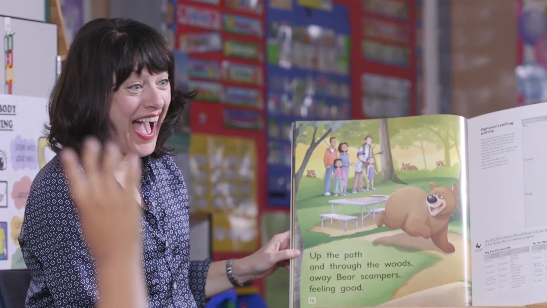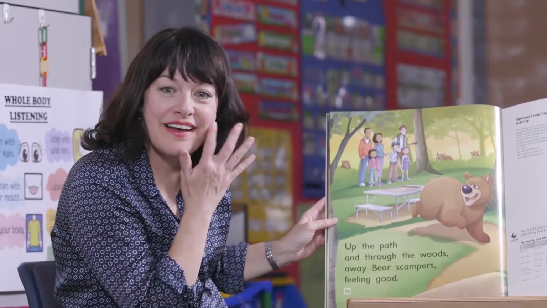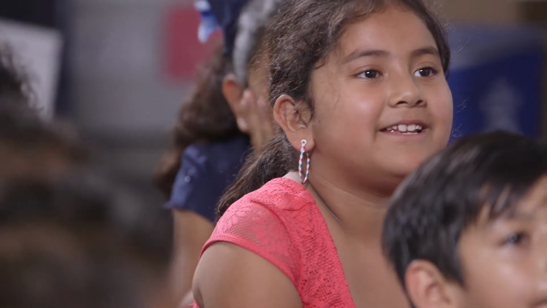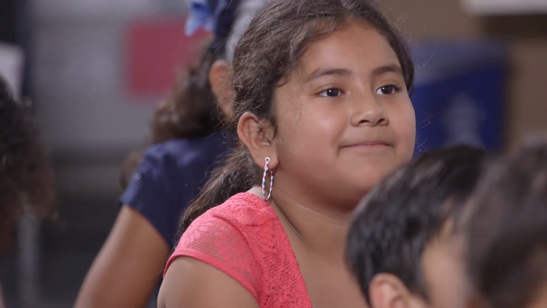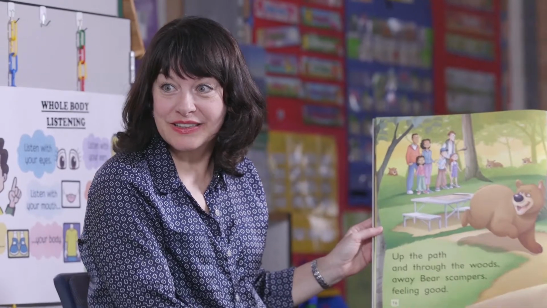More bears. What are you thinking, Jessica? I think it's going to happen again because the bear wanted to eat the pizza because he was hungry. Think so? Yeah. What are you thinking, Esteban?